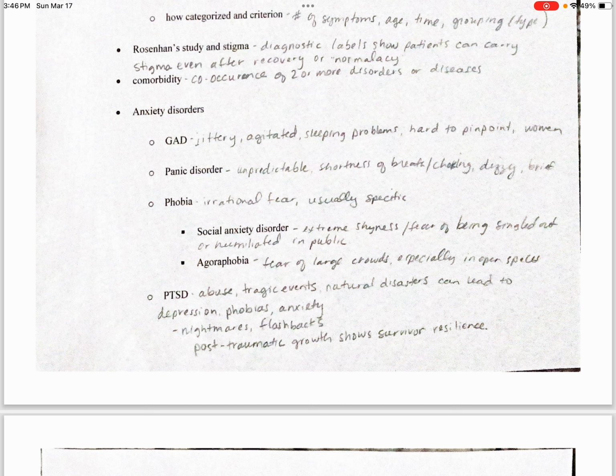However, the beauty of post-traumatic stress disorder is that we see a lot of post-traumatic growth, showing survivor resilience, meaning people are able to, especially through therapy, especially through talk therapy, overcome the PTSD, their trauma, and really grow from it and learn from it and come out on the other side knowing, not that the trauma is good, but knowing the trauma contributed something about themselves in their lives and maybe made them a stronger person, of a more self-actualization. Who am I? Why am I here? And who am I really in this world?